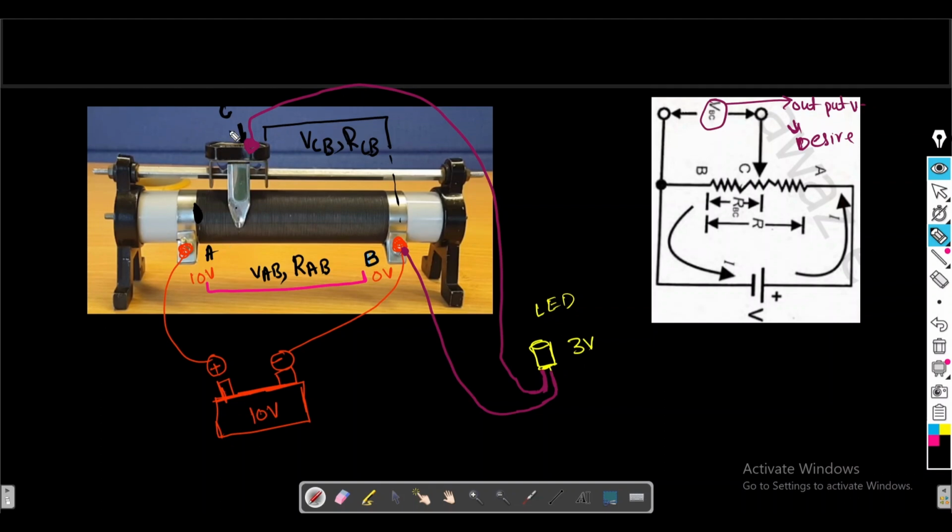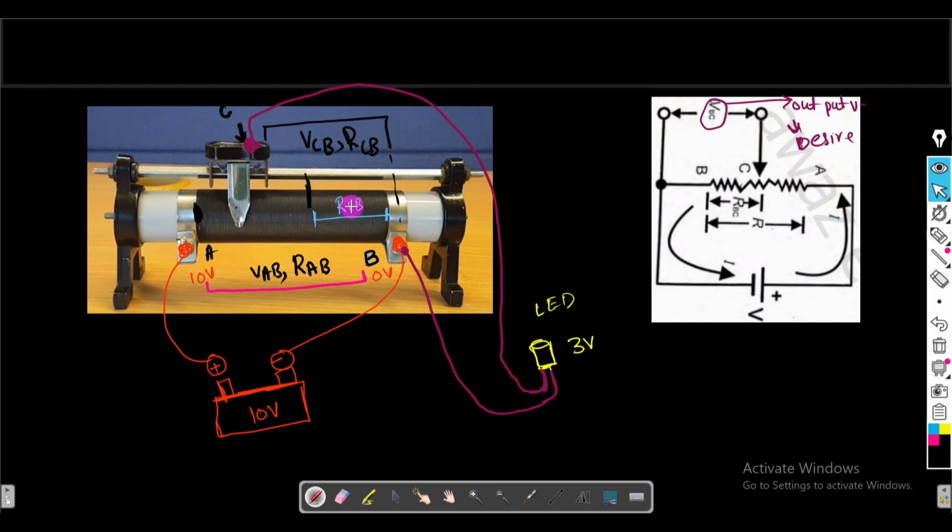If we move this sliding contact C toward this point B, let's say we move it to here, then the resistance RCB will be decreased as compared to that.